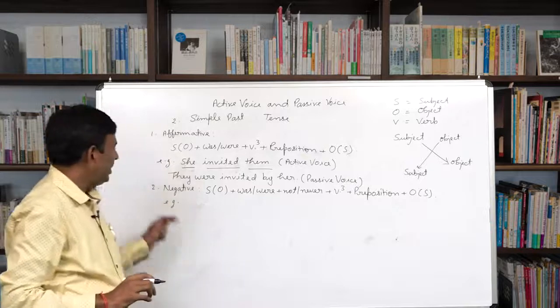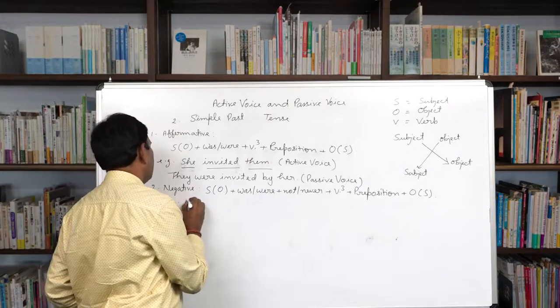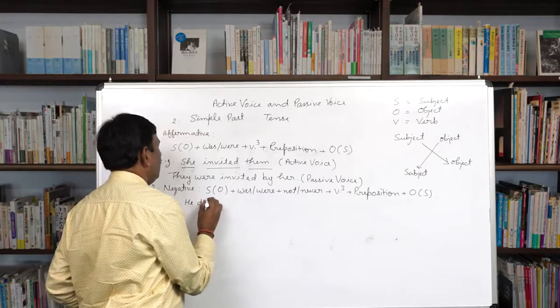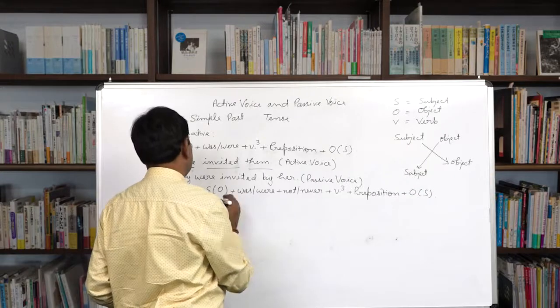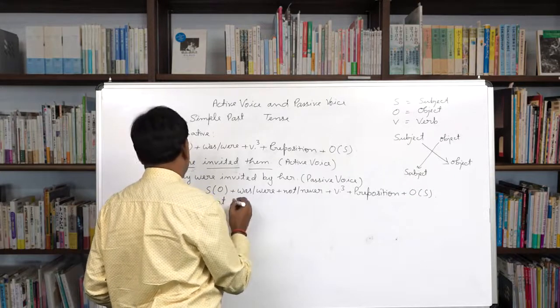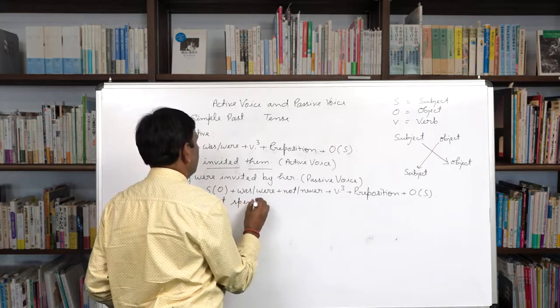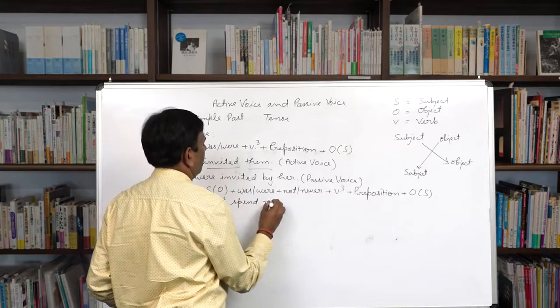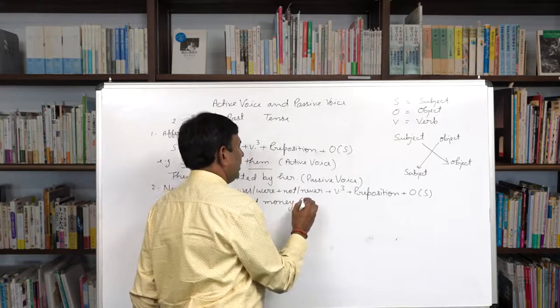Dear student, let us have an example of a negative sentence. He did not spend money. This is an active voice.